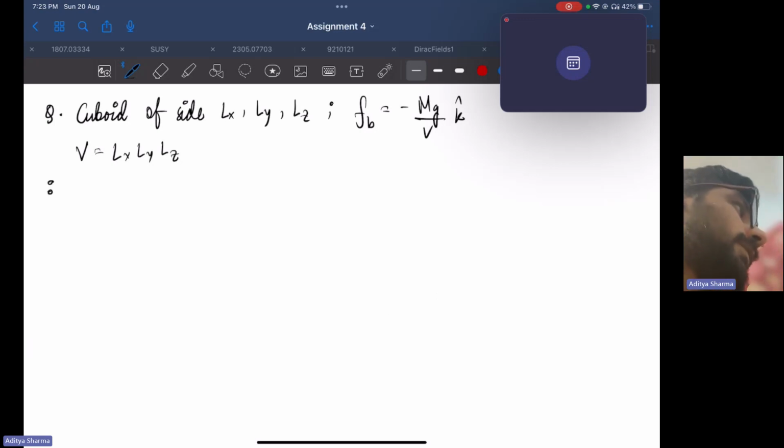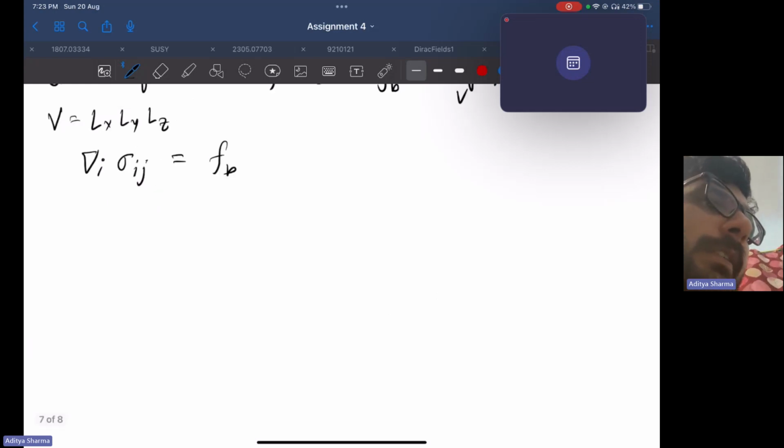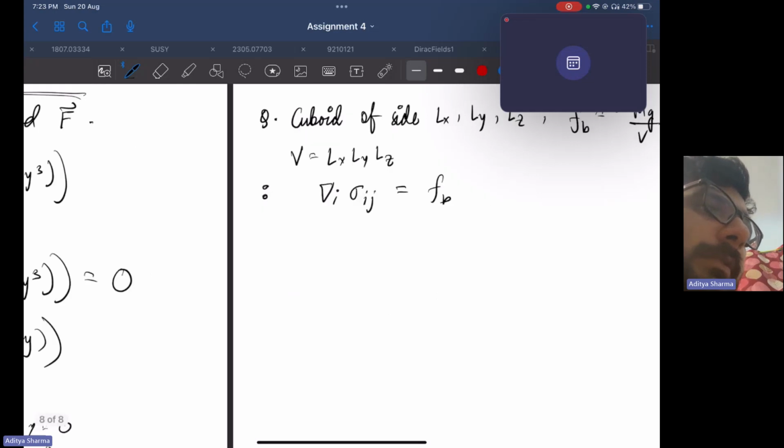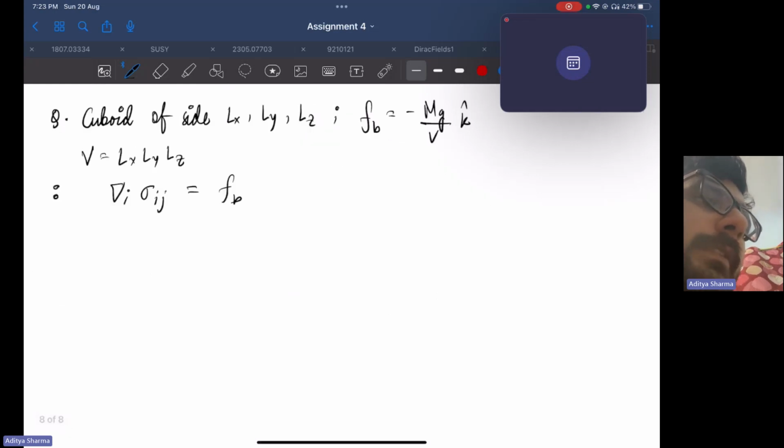So the first thing to use here is the equation, which is nothing but this equation, is equal to f. Now, since this is in the k cap direction, so this j is the z direction.